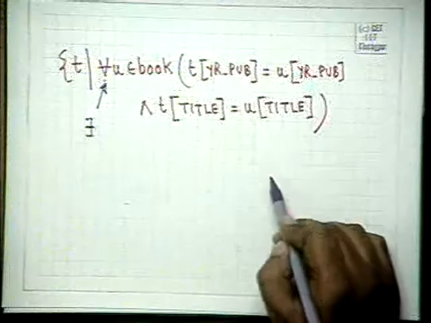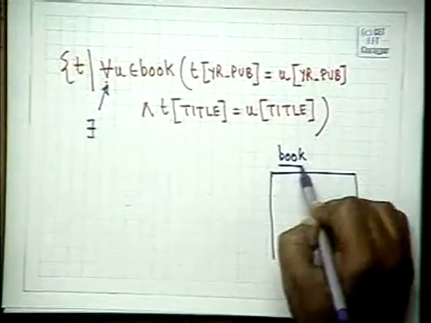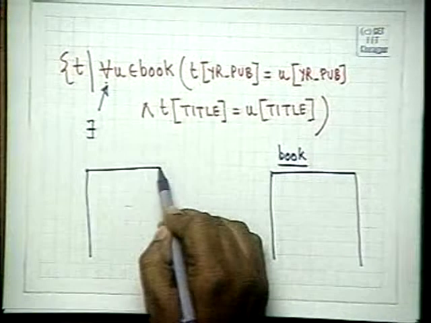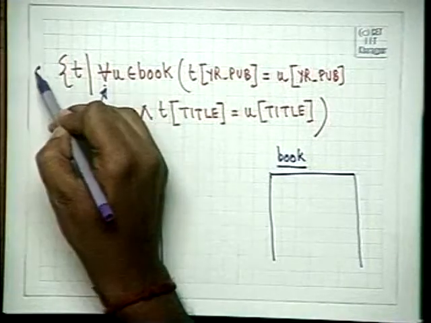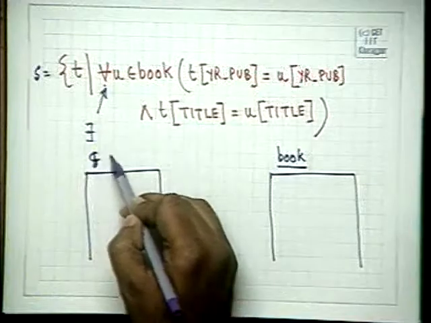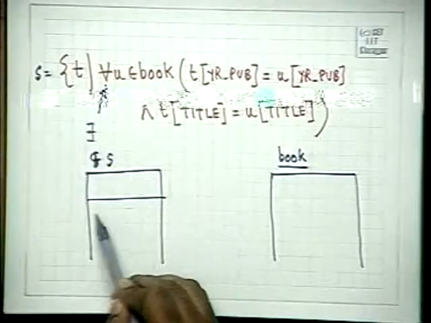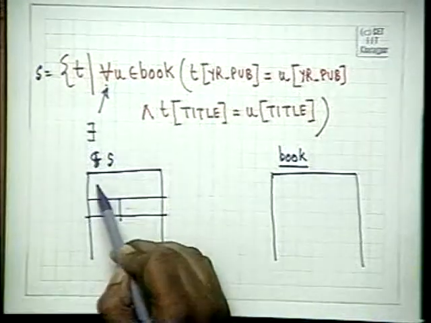Whereas this means that this is book and this is the relation S. It means that this will have two attributes, year of publication and title.